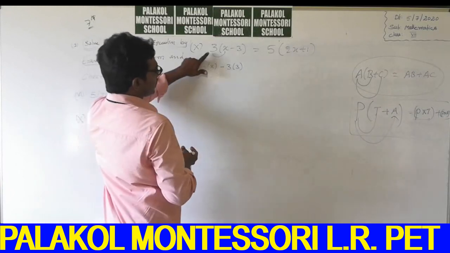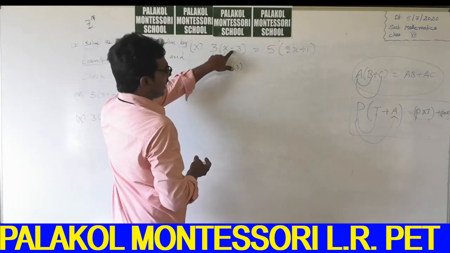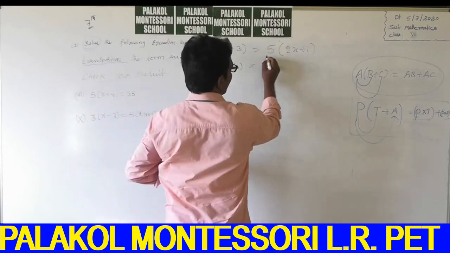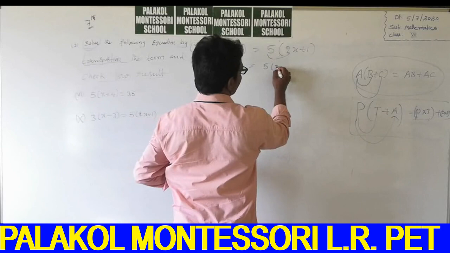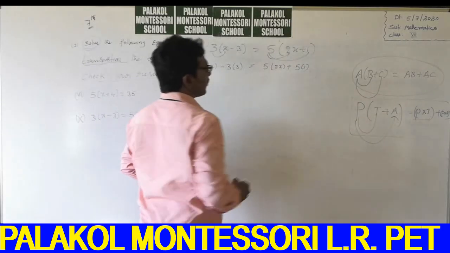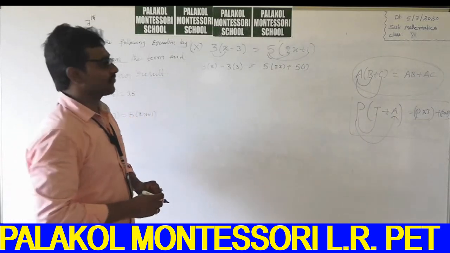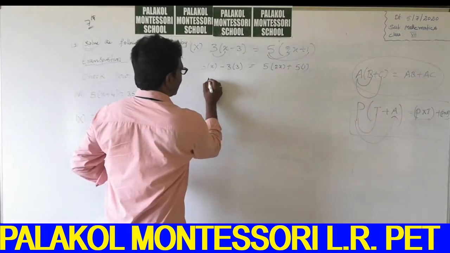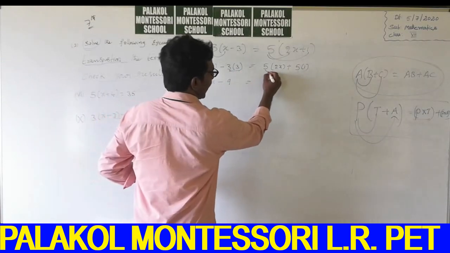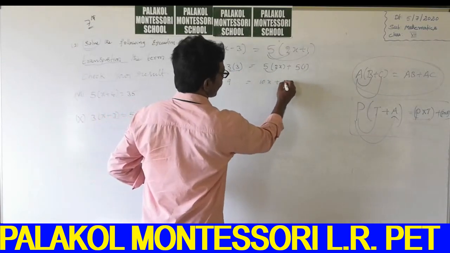Once again, 3 of x minus, don't change it, 3 of 3, equal to 5 of 2x plus 5 of 1. So 3x minus 9 is equal to 10x plus 5.